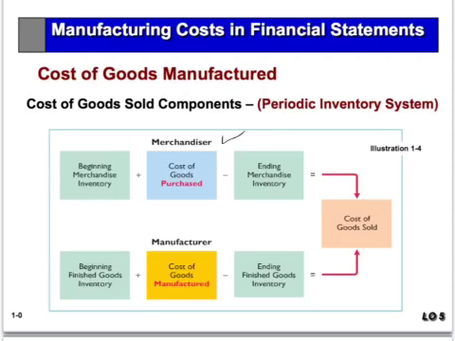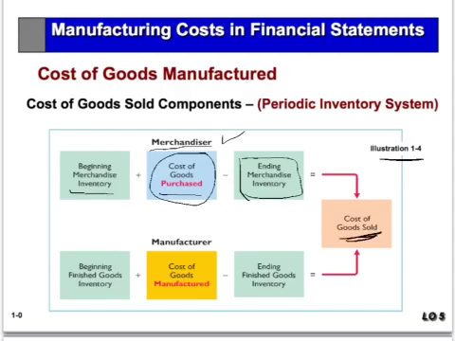Now a merchandiser, recall, is a company that does not manufacture its product, it buys it, it purchases it. So when you do the income statement for a merchandise company, like Carrefour, they know what their beginning inventory is at the beginning of the year. They know how much they purchased during the year. Together, that is the cost of goods available for sale. They subtract what is left at the end of the year, and that gives them the cost of goods sold.